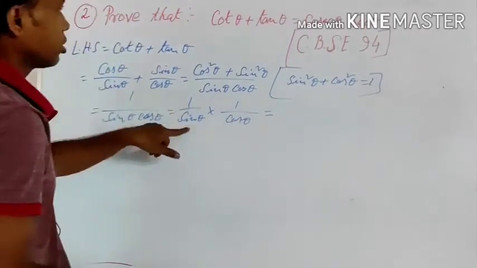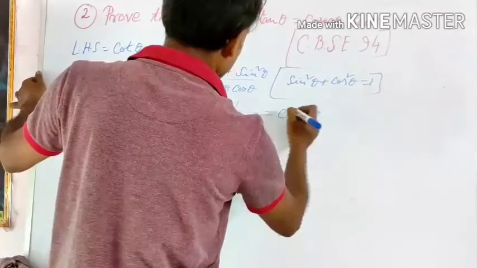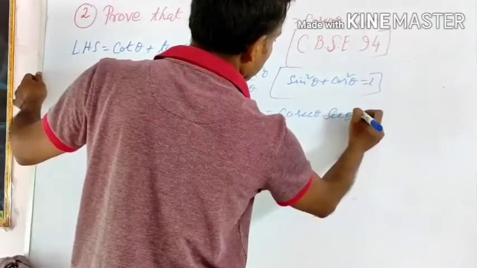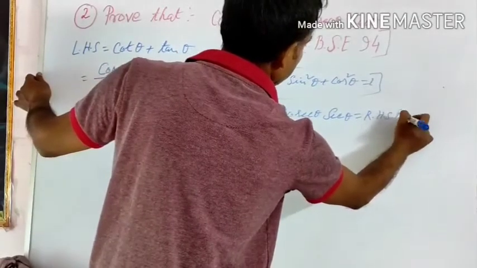So 1 by sin theta is equal to cosec theta, and 1 by cos theta is equal to sec theta. This is equal to the right hand side. Proved.